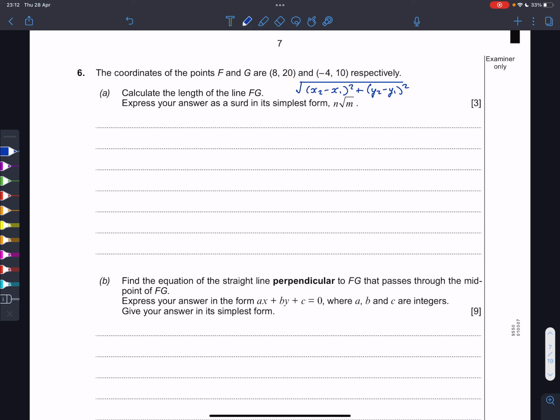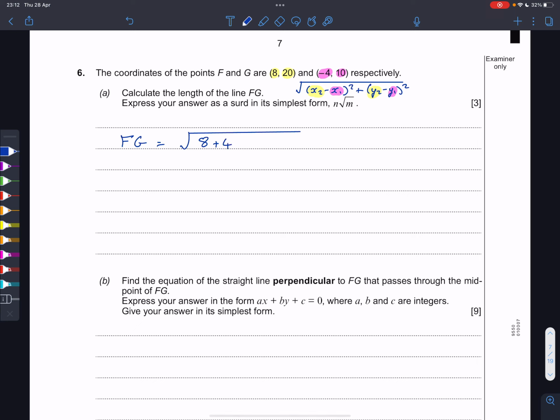So let's make my substitutions. Let's go with x1. Well, actually, let's call that x2. Why not? And y2. And then we'll go with x1 and y1. So we get FG equals the square root of x2, which is 8, minus x1, which is 4.